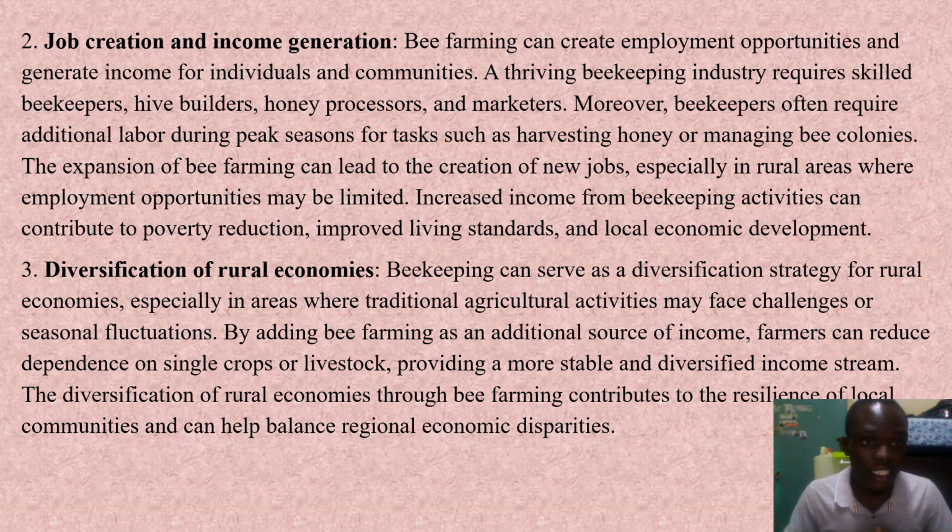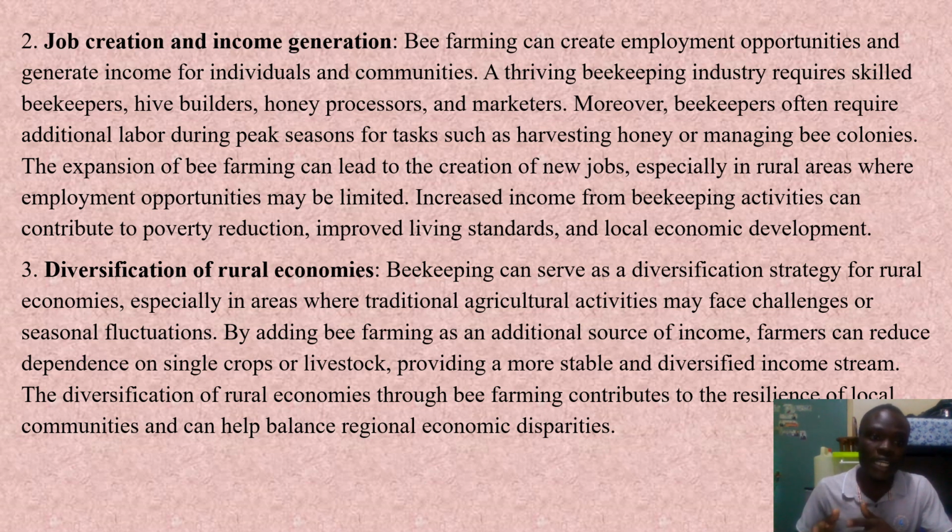Another indicator under the impact is diversification of rural economies. By looking at diversification, we see that farmers are not depending only on other sectors or projects, for example livestock keeping.